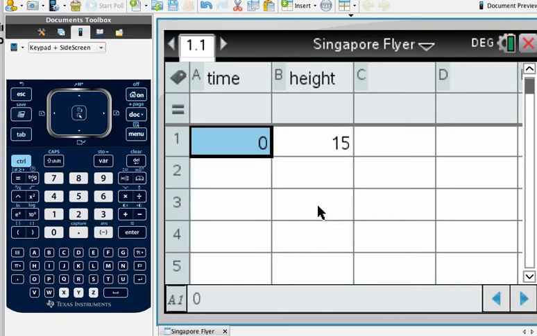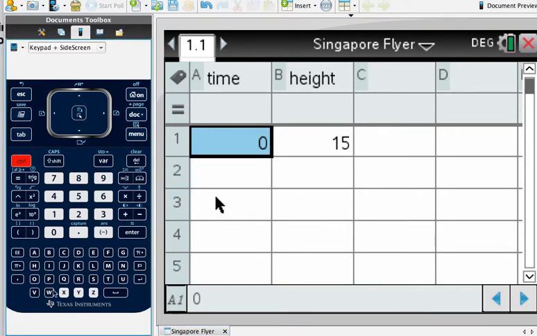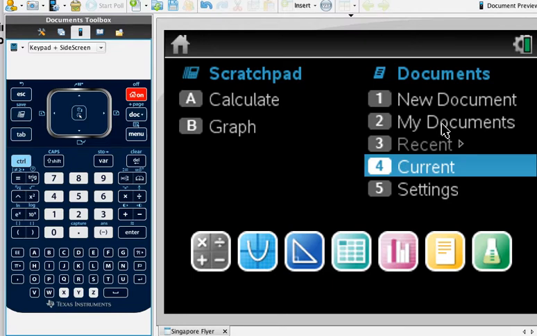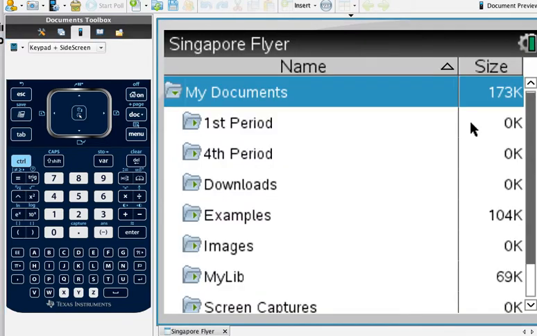Okay, so go ahead. If there's a file already open, click on it, push Control W, and if it asks you if you want to save, click No. Once you close whatever file is open, go to My Documents, find your class period, open it up, and you'll see another file there for you to use.